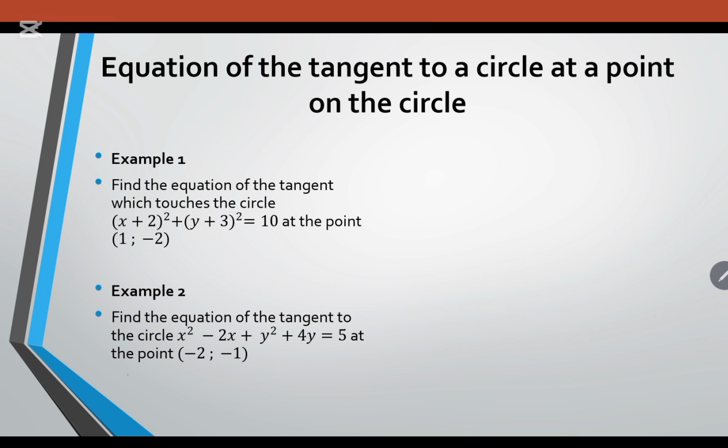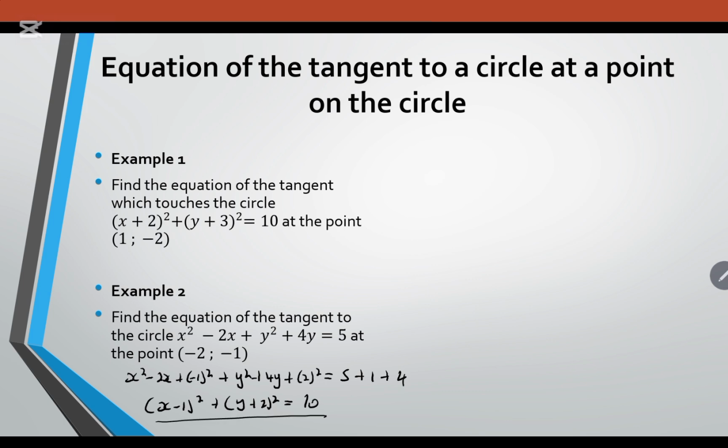It is x squared minus 2x, half of -2 is -1 squared, plus y squared plus 4y, half of 4 is 2 squared, is equal to 5, plus -1 squared is 1, plus 2 squared is 4. So this will then be (x minus 1) squared plus (y plus 2) squared is equal to 10.